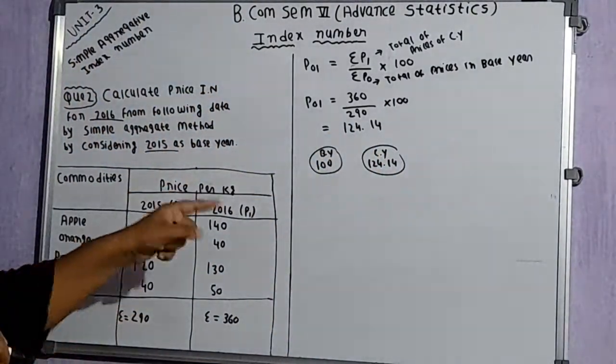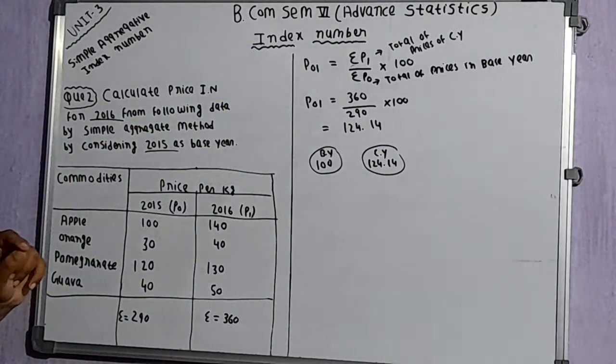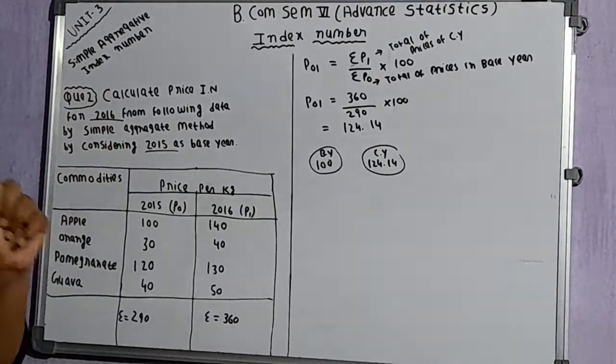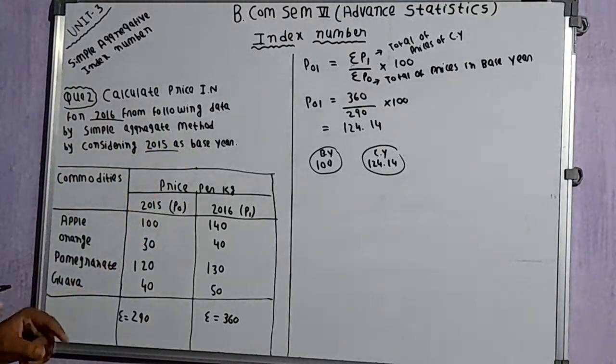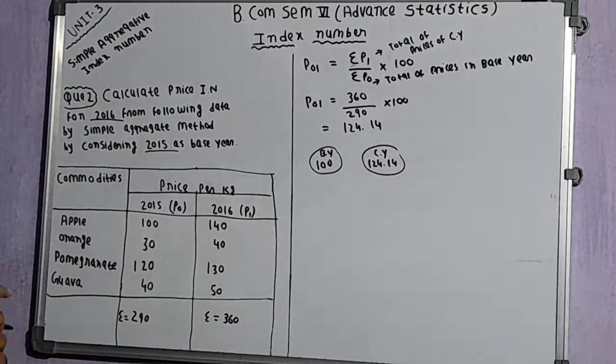With the help of this index number we have to derive a conclusion. For that, first we have to find the percentage change. How do we calculate the percentage change in the index number?